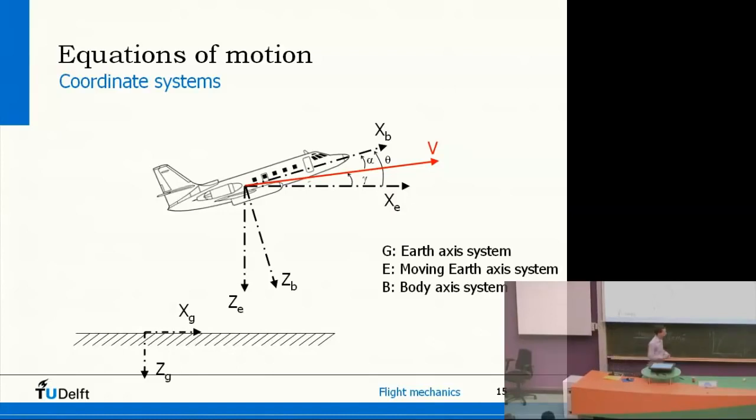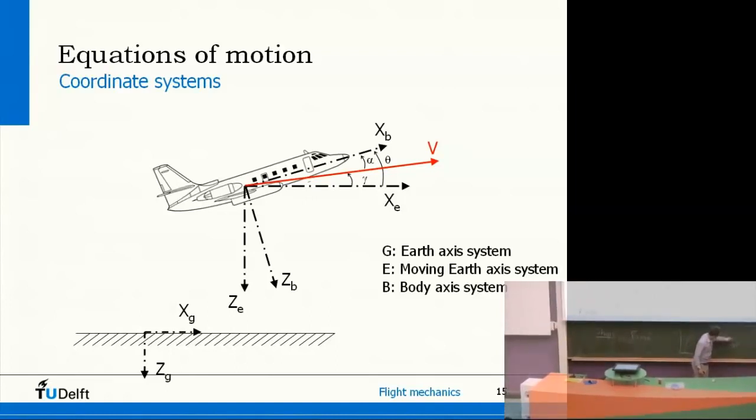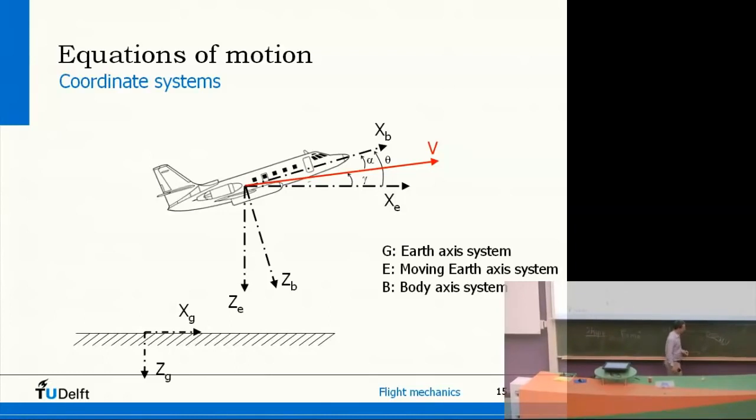So if you consider the case of the plane without engines, then the airspeed vector would be pointing down, and this will be minus the flight path angle, and of course that angle determines where you're going to land. So that's a really relevant angle.